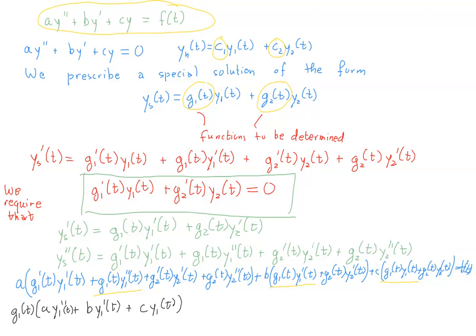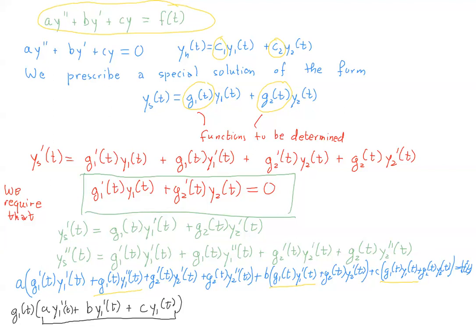And can anybody tell me what this parenthesis is? Because it's something very, very simple. What is this parenthesis? I specifically am asking, what is this equal to? It's the homogeneous equation.